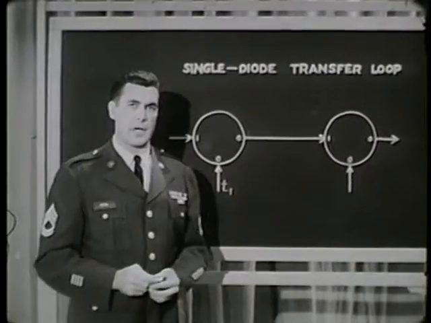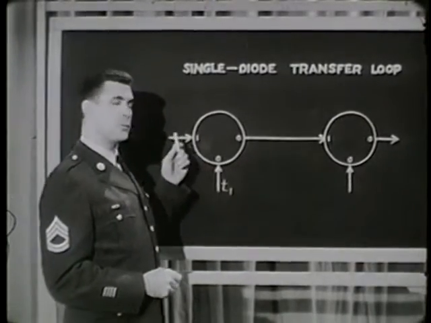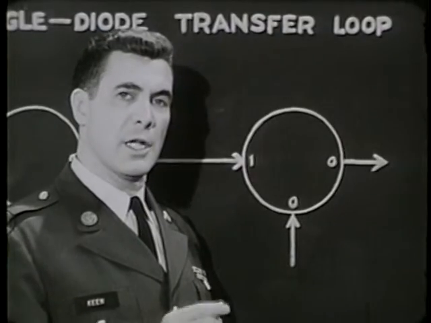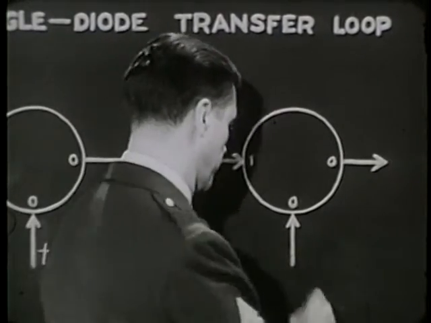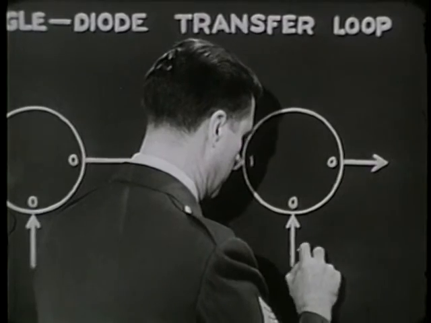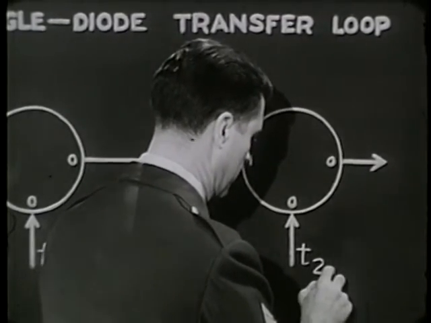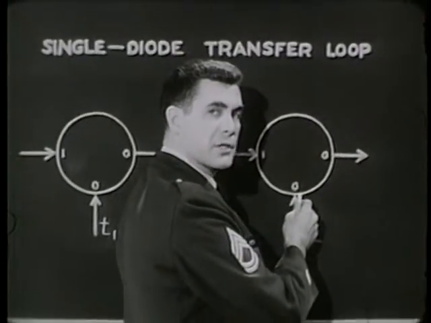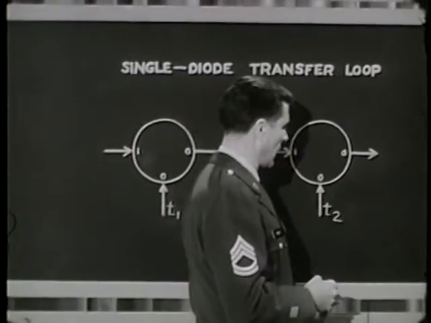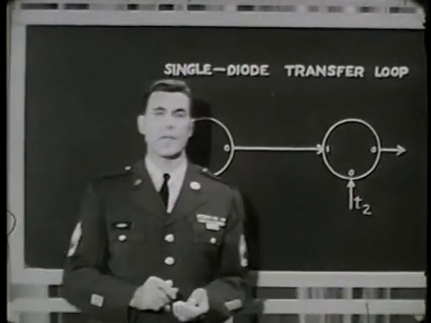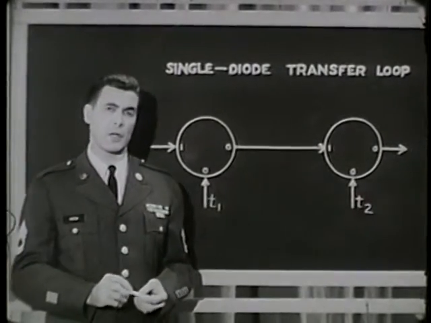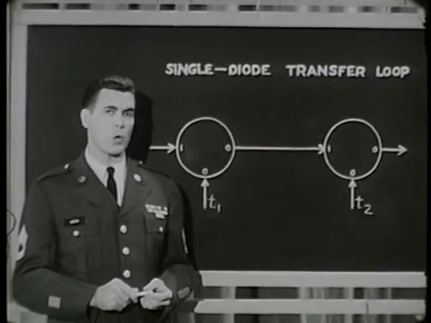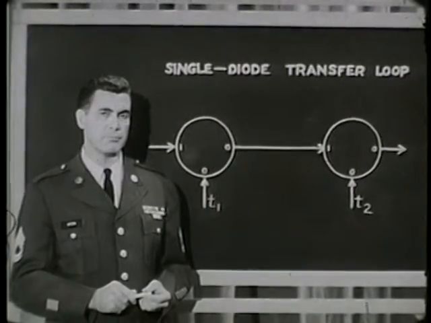In effect, a binary 1 has been transferred from the first core to the second, where it's stored until at time T2, another shift pulse clears the second core back to 0. We can draw logical diagrams like this of any magnetic core circuit, and we depend on them for a clear understanding of the work done by the circuit.